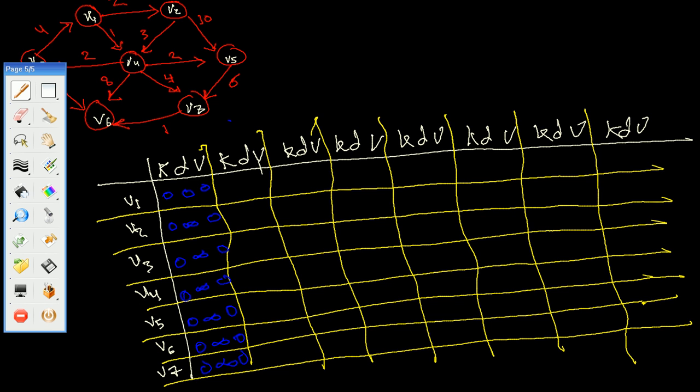Next, we move to the next value. We start with k for v1, so we put 1, and the rest of the vertices need to be 0 because the only known is v1. And the distance to v1 is 0.